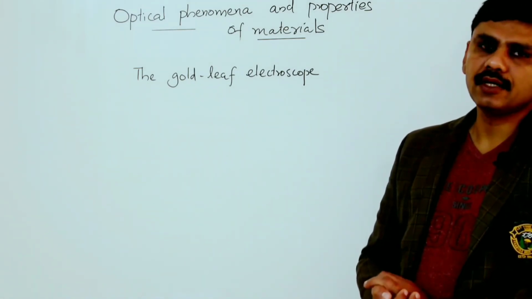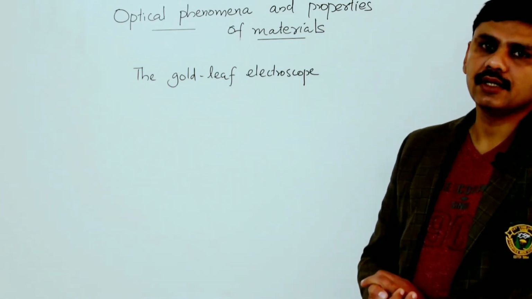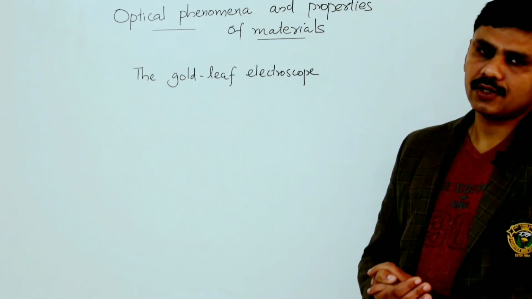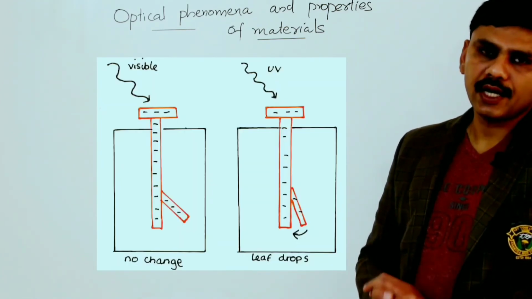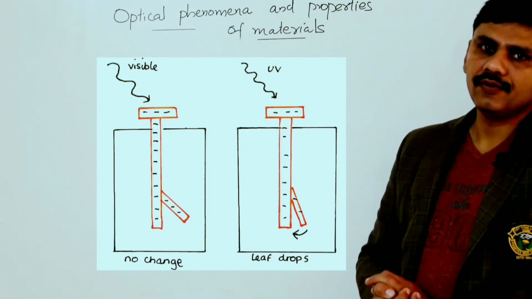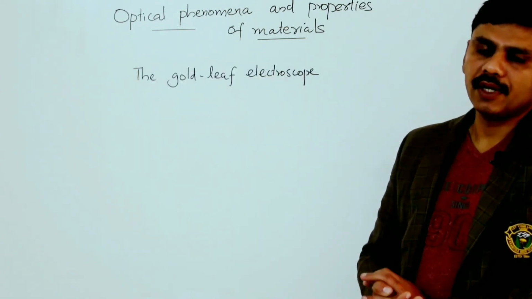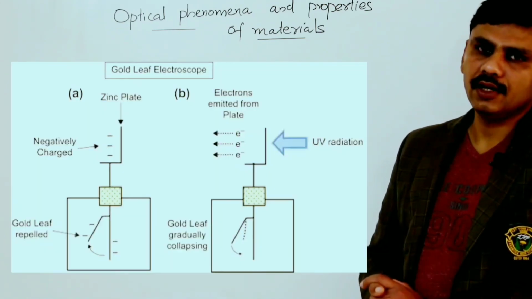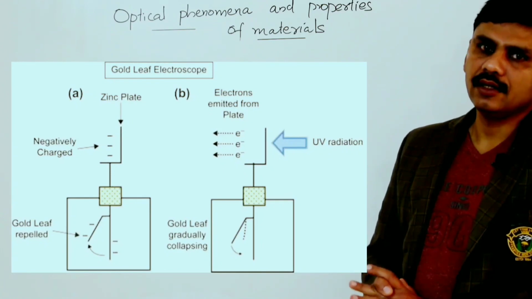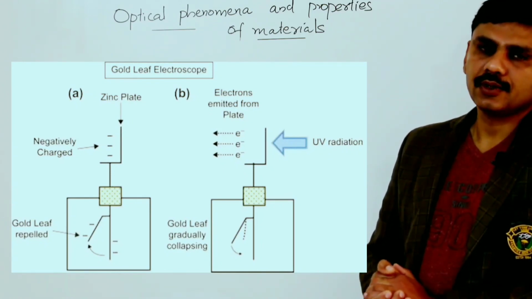So from the zinc plate, the electrons are removed, and the zinc plate is connected to the electroscope. So electrons are removed from the electroscope. From the gold leaf also the electrons are removed. So the degree of divergence of the gold leaf will decrease, and these two leaves come close. So this is the experiment.